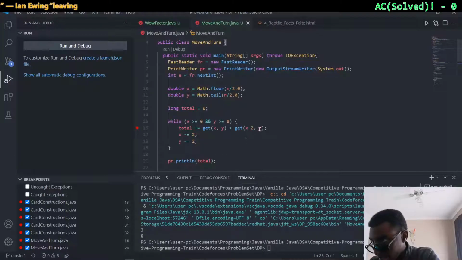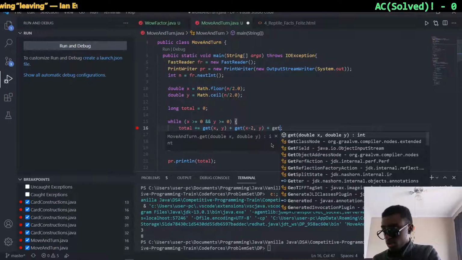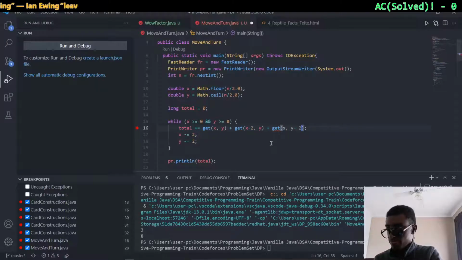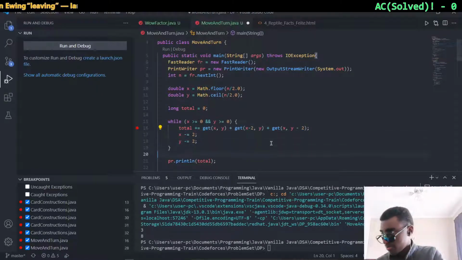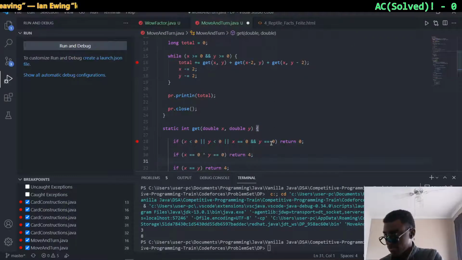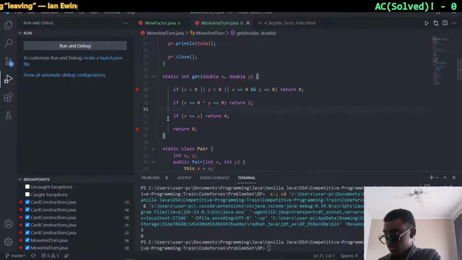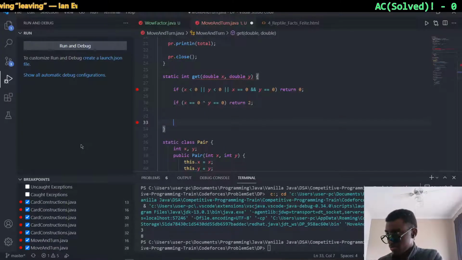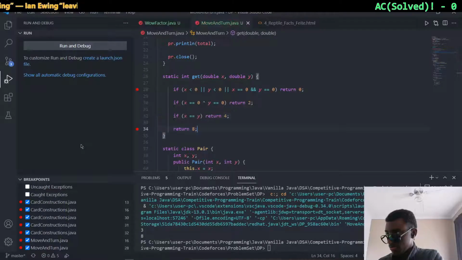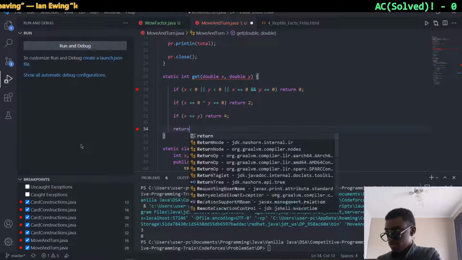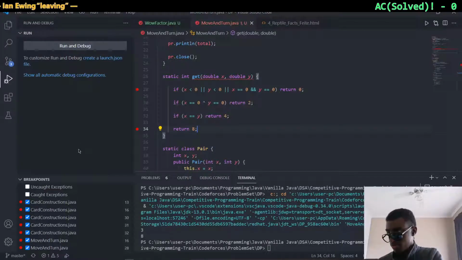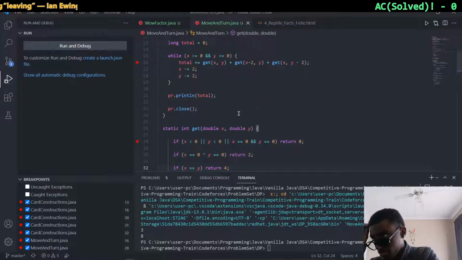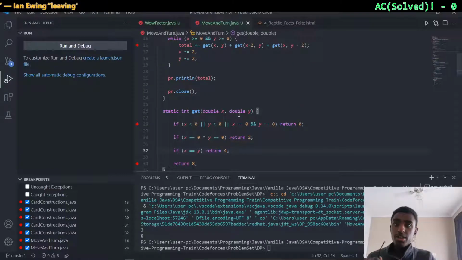That's a stupid bug. I'm having a paradox. This is a paradox again.